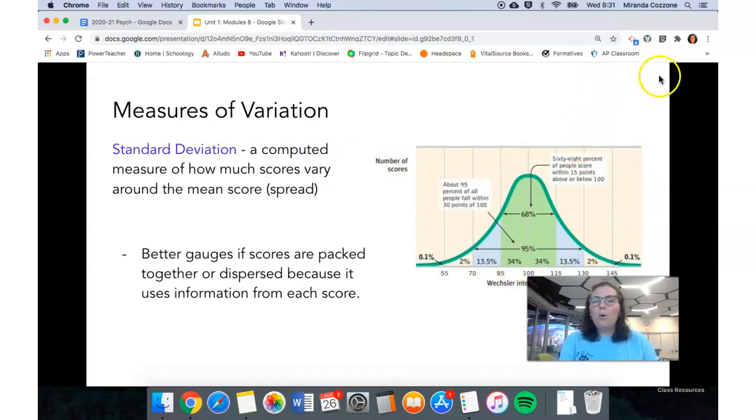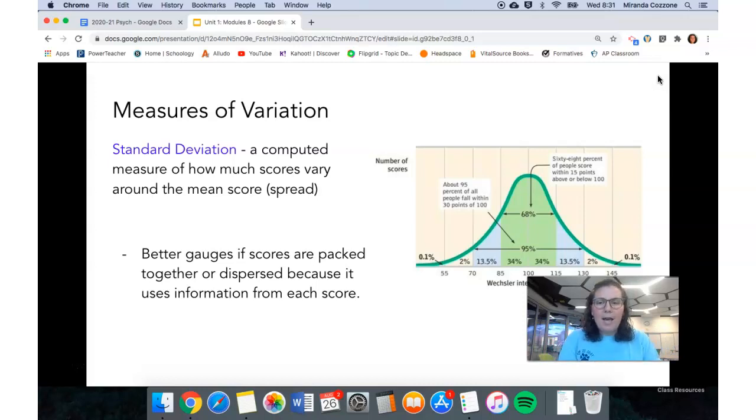Okay, so we use this bell curve to find standard deviation. Good news for you is that you don't need to calculate standard deviation. You just need to know how to understand standard deviation. So standard deviation, can I say that more times? I don't think so, is a computed measure of how much scores vary around the mean score. In other words, what's the spread, okay?